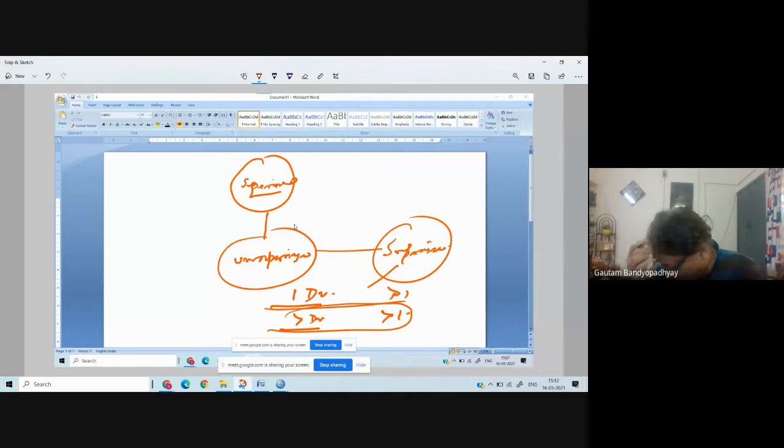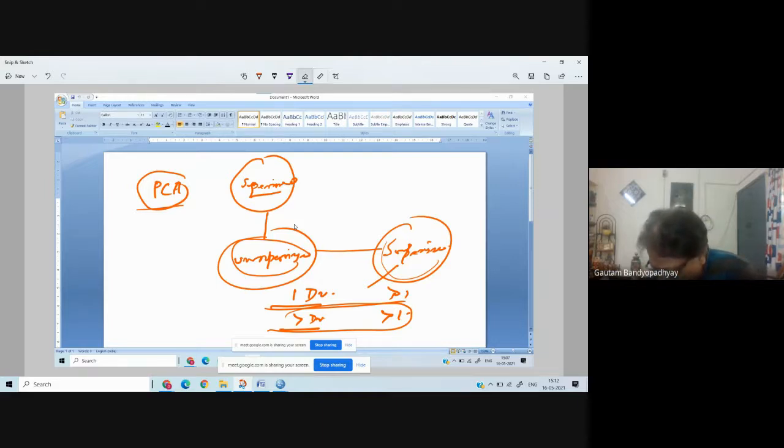Then we go for unsupervised data, where we apply PCA. Again, PCA is basically used for feature extraction, and for supervised data, methods like regression and correlation are used for feature selection.